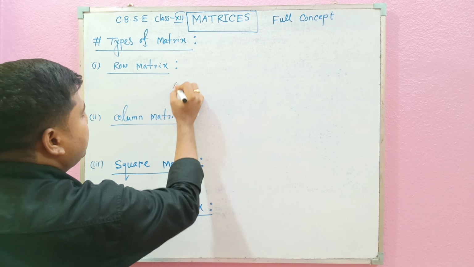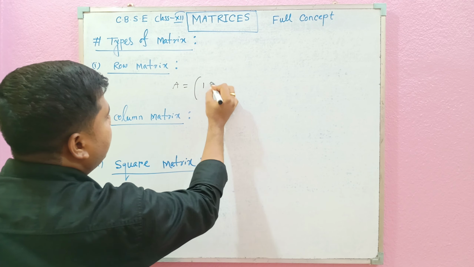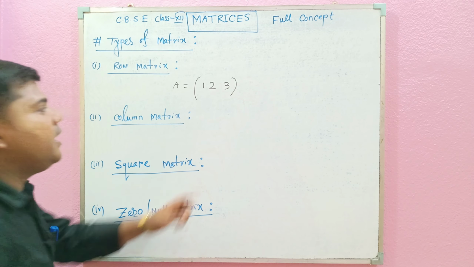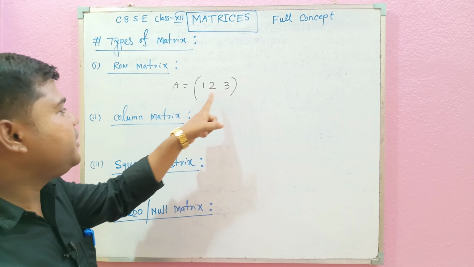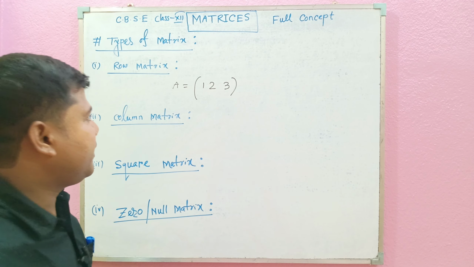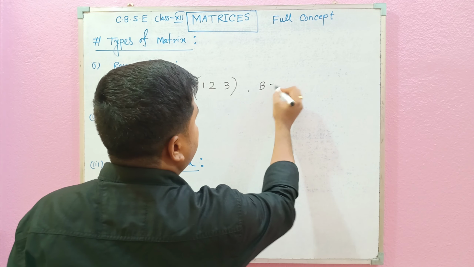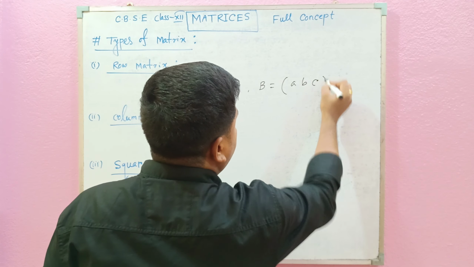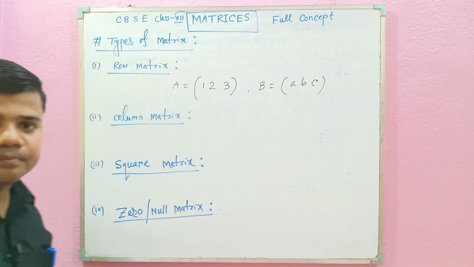Suppose A is 1, 2, 3, a row matrix. Here we see that there is only one row, so this is a row matrix. And B is A, B, C, which is also a row matrix.